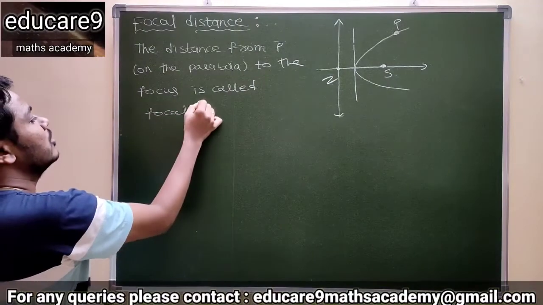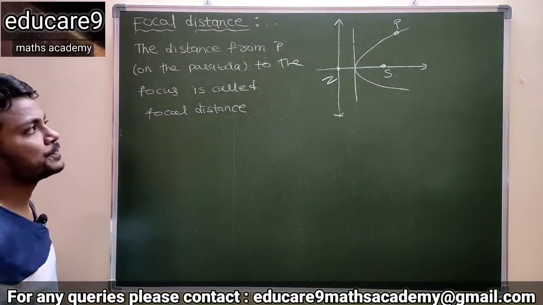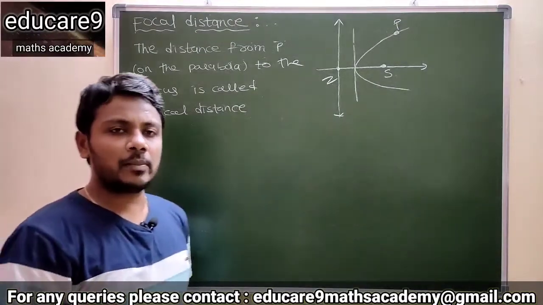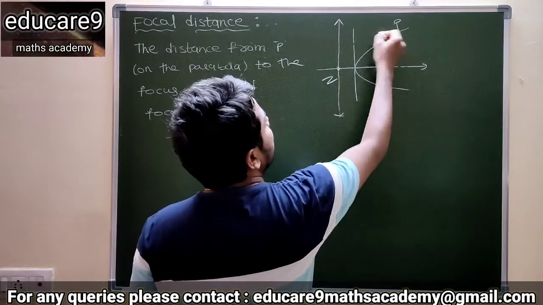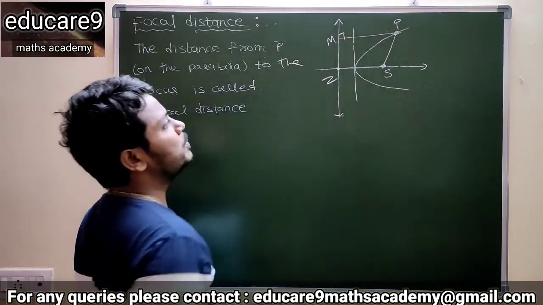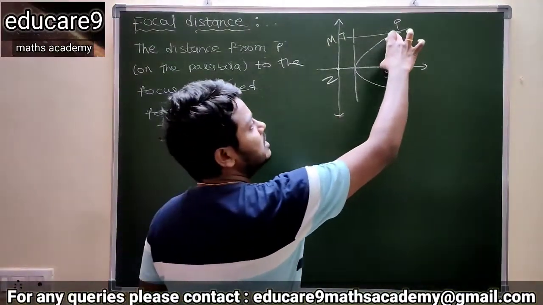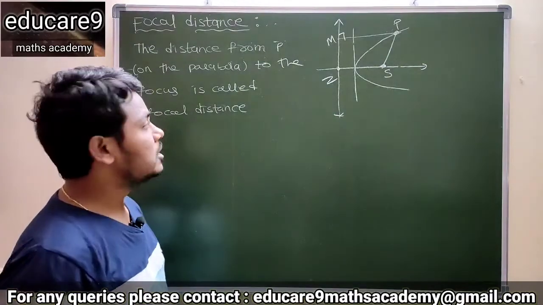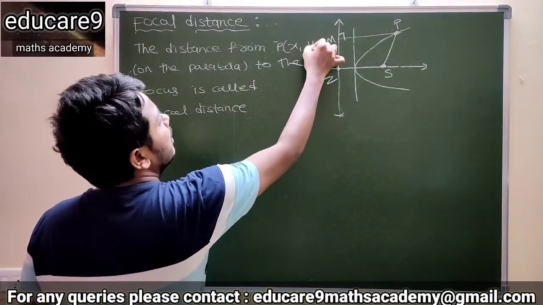Now you know that by the definition of the parabola, SP is equal to PM. You need to find the SP distance. For example, the point P is some (x1, y1).